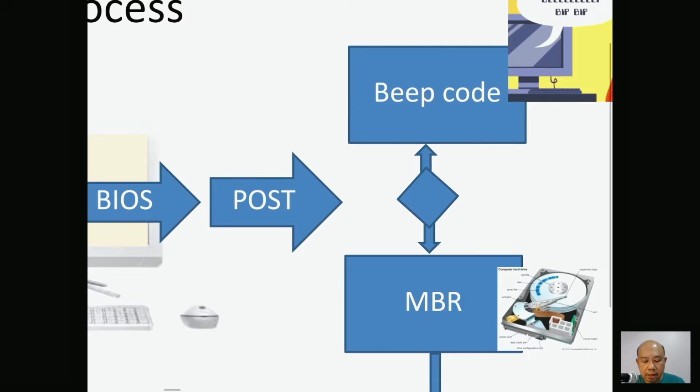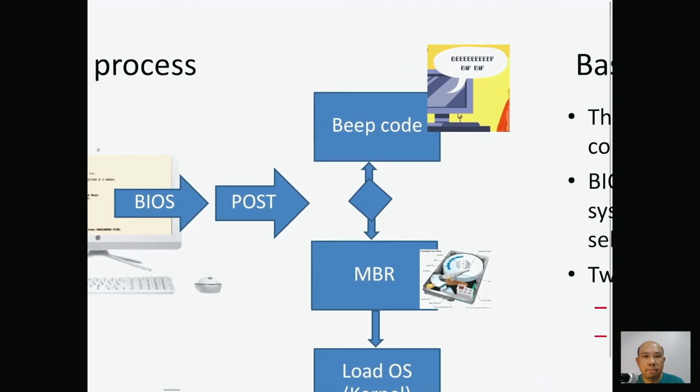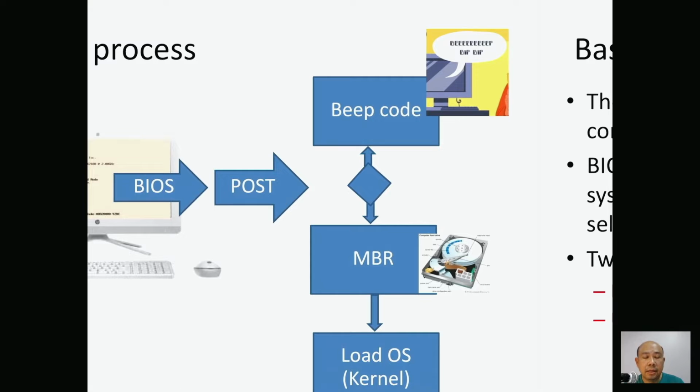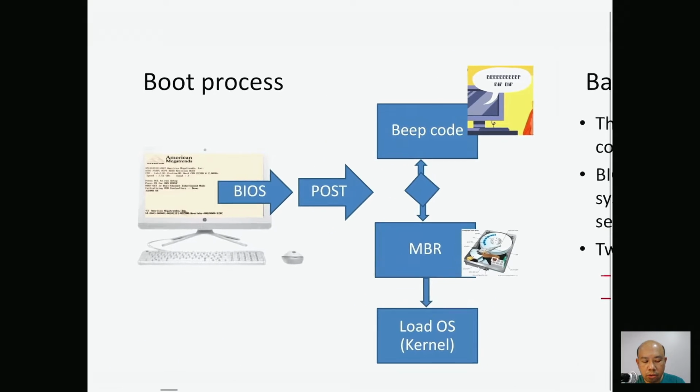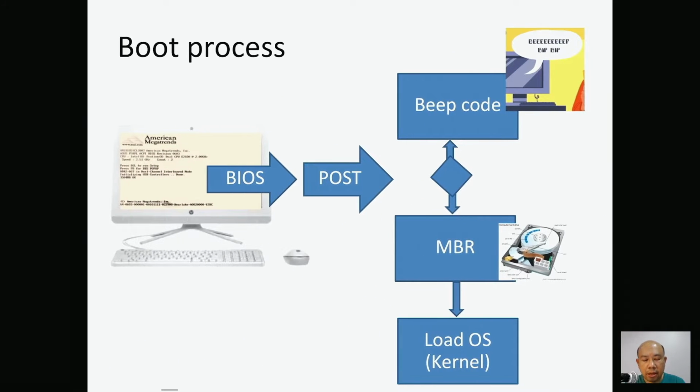During the check, if the BIOS finds some error, it will show you a beep code. A beep code is a beep-beep sound, and the beep code tells the user about a problem in the system.